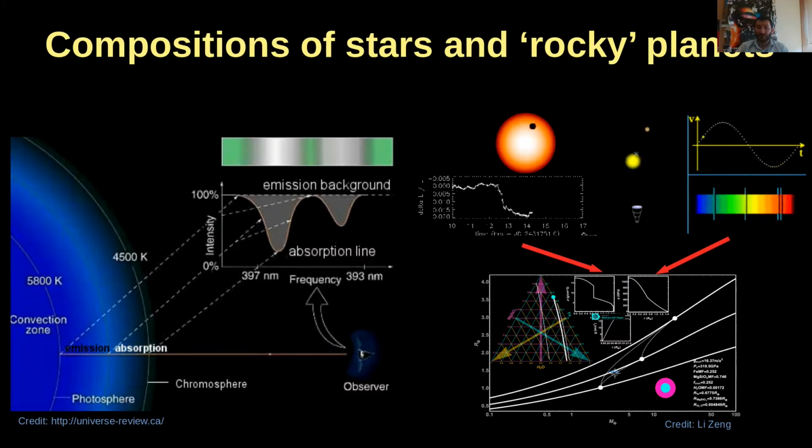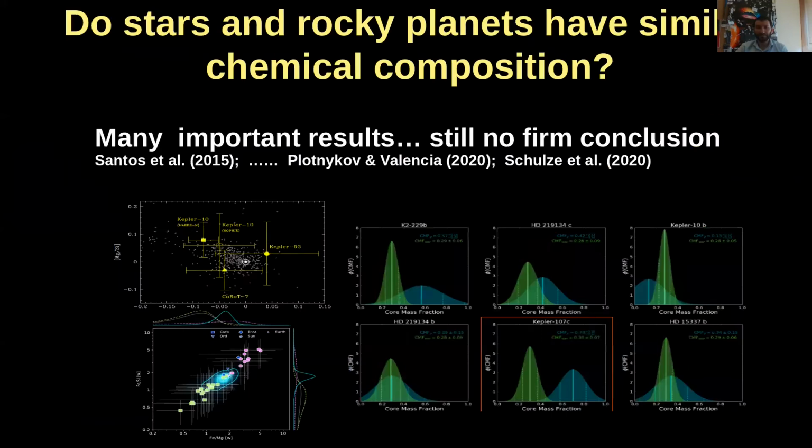There is degeneracy because different compositions can give the same density, but you can always have probability distribution functions of different compounds.